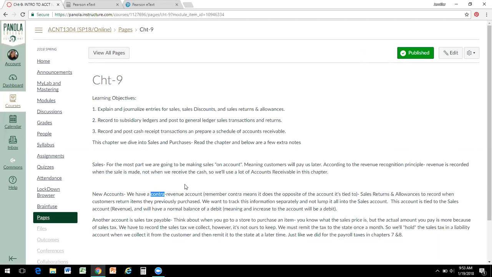You guys have been out there in the real world working, you've probably seen people do shady things. They sell somebody something for cash and put the cash in the drawer, then come back later and ring up a return and take the cash out, but nobody ever actually returned anything.